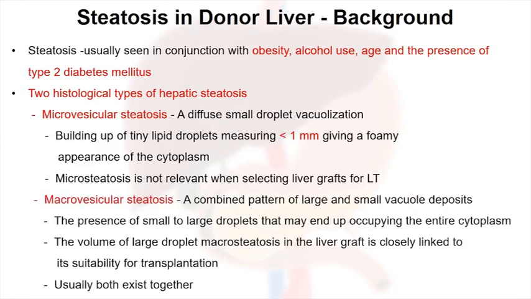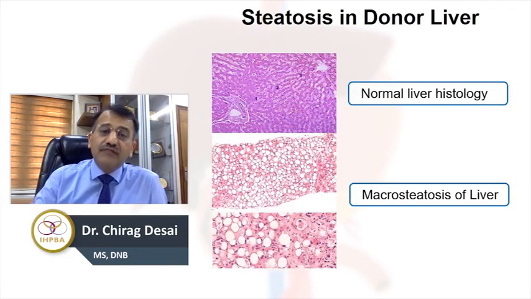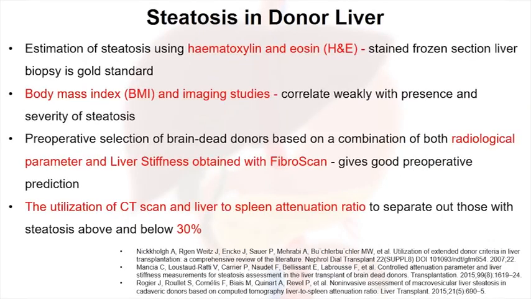The incidence of macrovesicular steatosis increases with the increasing use of alcohol, obesity, age, and the presence of type 2 diabetes mellitus. Histologically, it's very easy to identify macrosteatosis. Here we can see the difference between the normal liver and the macrosteatosis, and the extent of steatosis is also very important. Apart from histology, sonography and CT scan also indicate the level of steatosis.